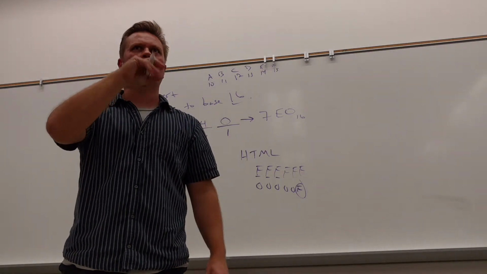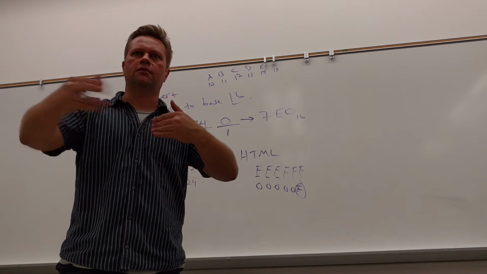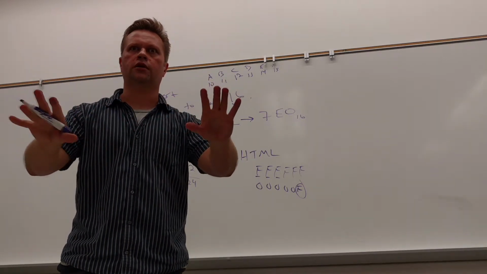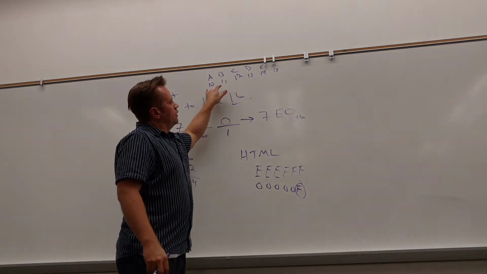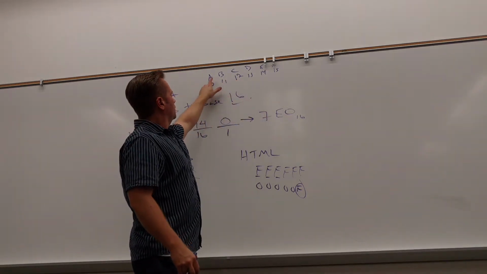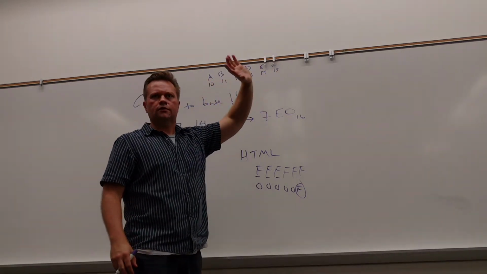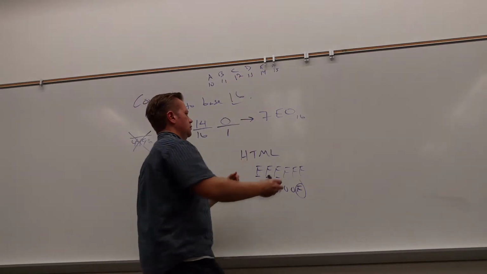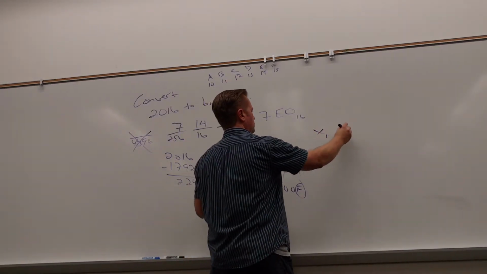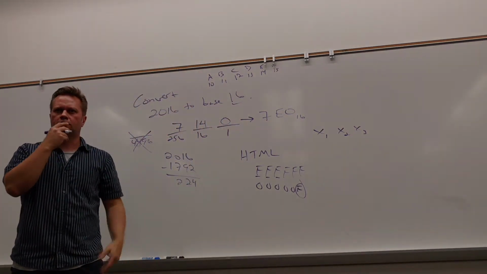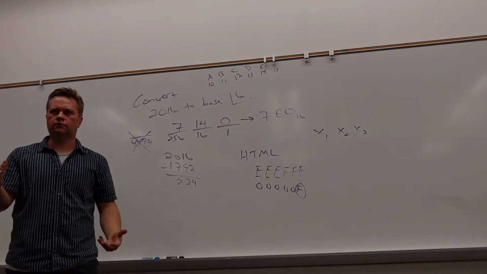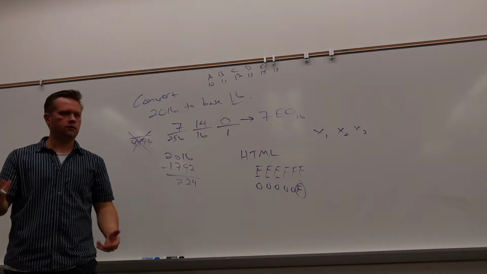So if you're using a base that uses that many, you probably created your own numbers and your own symbols. People that use bases that go higher will use different symbols than these, right? I've seen people use like x1, x2, x3. That gets kind of stupid, right? Because you're writing more than you have to. You with me? Yeah. Okay.